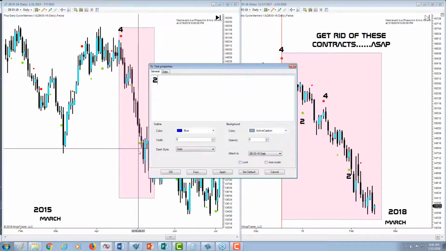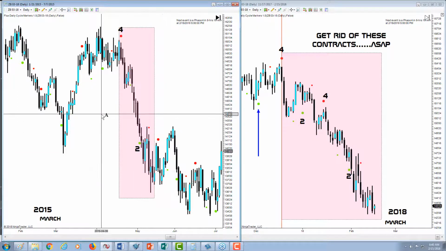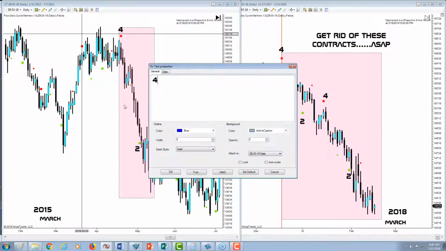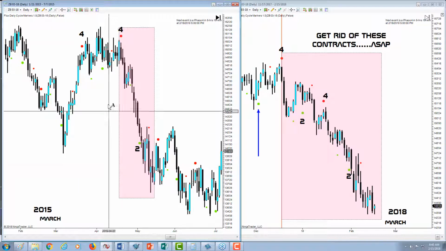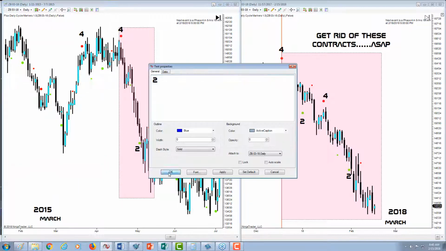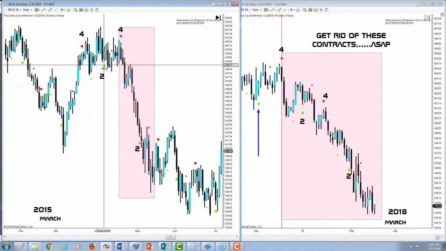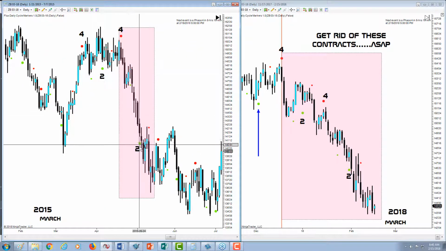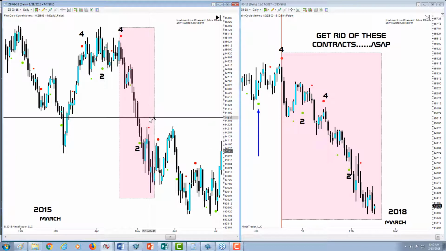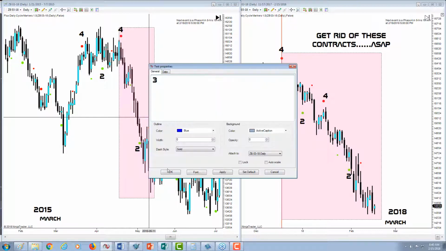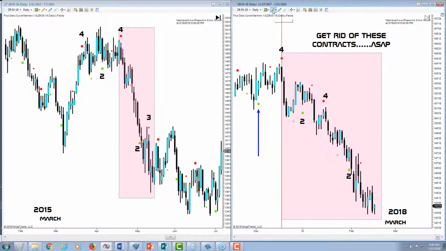There's a phase 2. Here's the first phase 4. Here's the second phase 2. 4, 2, 4, 2, and now here's the 3. Let's come over here and draw it over here.